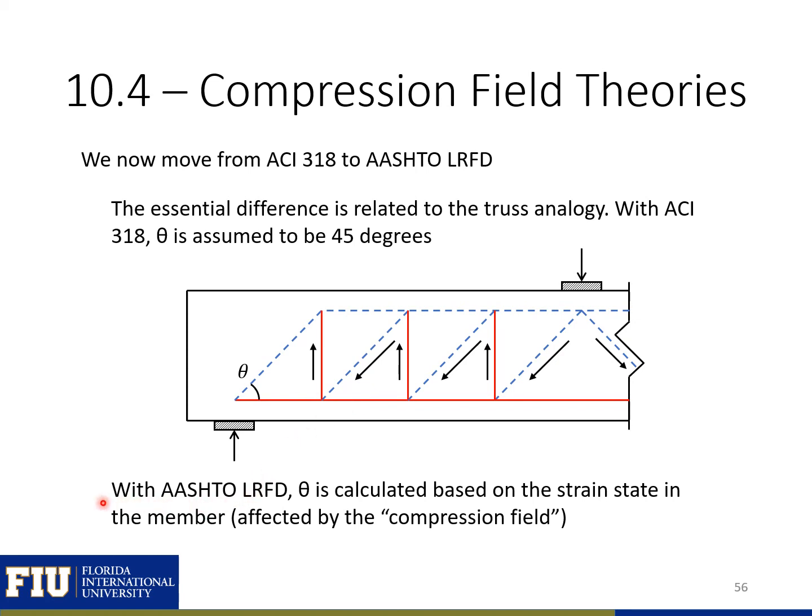With AASHTO, our theta is calculated based on the strain state in the member, which is affected by the compression field of the stresses that are flowing through the member. So with AASHTO, we'll calculate the strain at the centroid of our tension steel, and we'll use that to find our theta and also a beta factor, which accounts for the effectiveness of the concrete to resist shear.